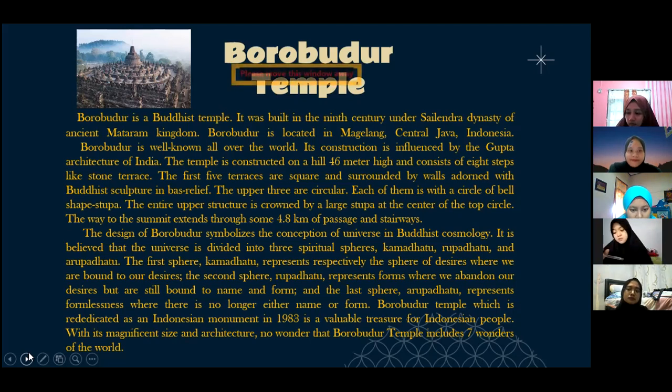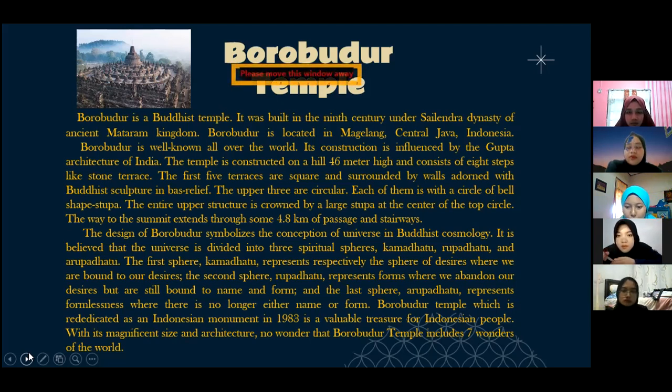The first sphere, Kamadhatu, represents the sphere of desires where we are bound to our desire. The second sphere, Rupadhatu, represents forms where we abandon our desire but are still bound to name and form. And the last, Arupadhatu, represents formlessness where there is no longer either name or form.